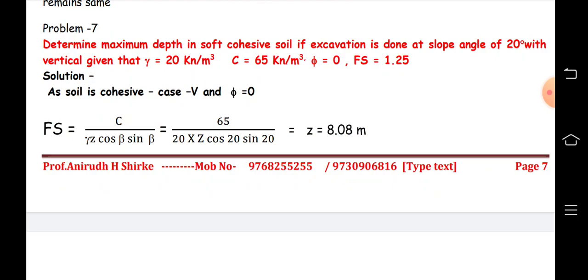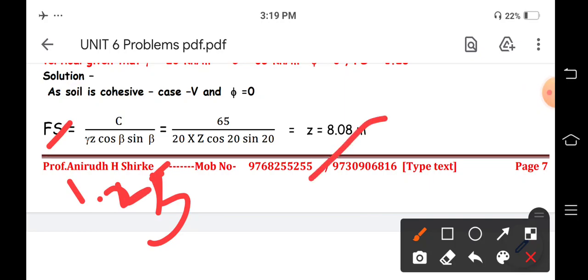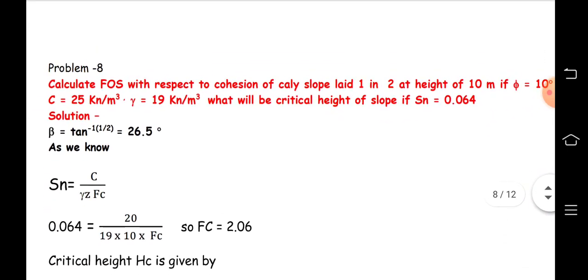So c equal to 65 upon 20, the value of gamma, into Z, the value of Z to be determined, cos of 20, sin of 20, and here the value of Fs is 1.25. If you calculate this, you get Z equal to 8.08.